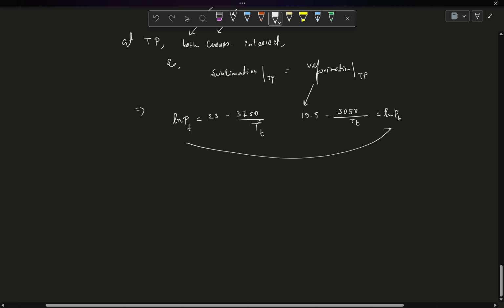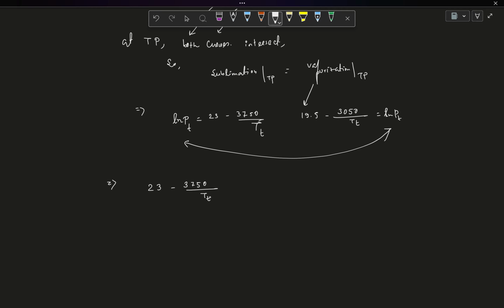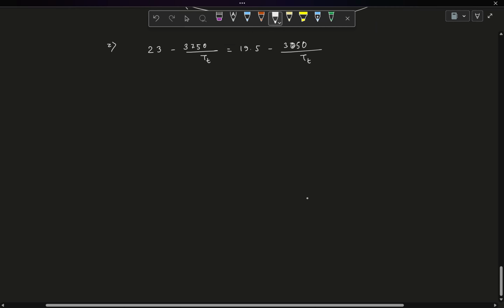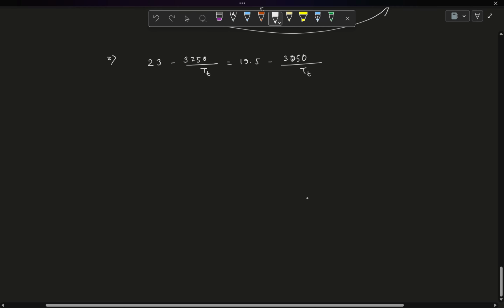Then you equate both of them: 23 - 3750/Tt = 19.5 - 3050/Tt.